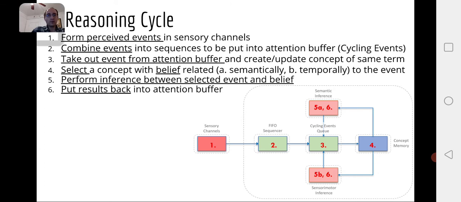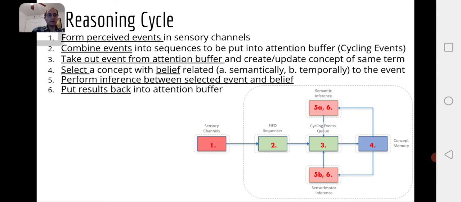From there, we take out events based on their priority, so that higher priority events are preferred, and we create a corresponding node, a concept node in concept memory, or if a concept with the same term already exists, we update the existing one. And for inference, we select a second premise that is either semantically or temporally related to the event we have taken out from the cycling events queue to perform inference.